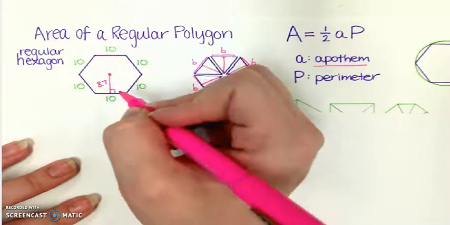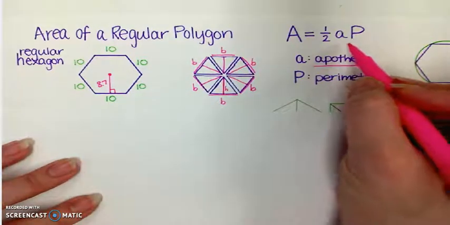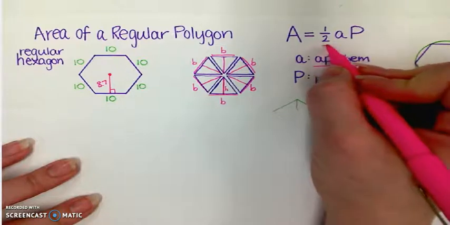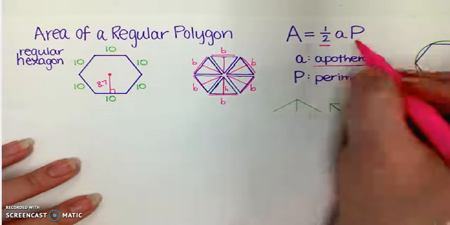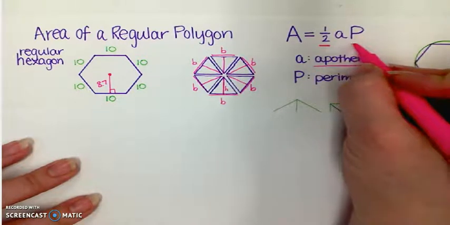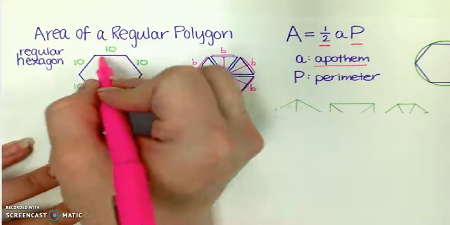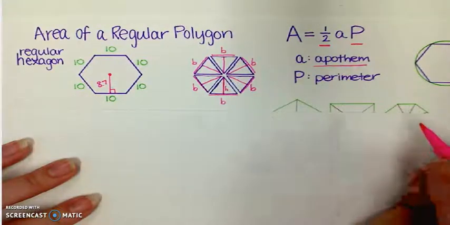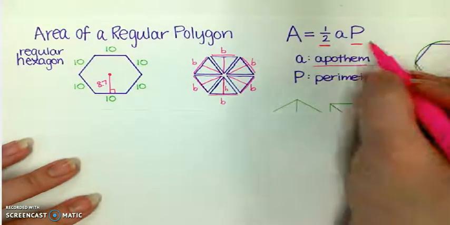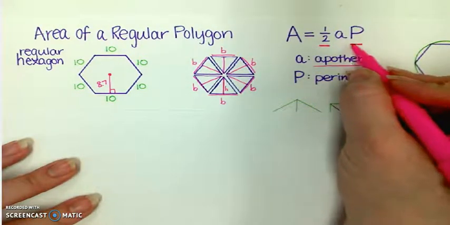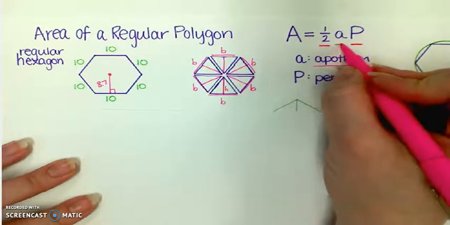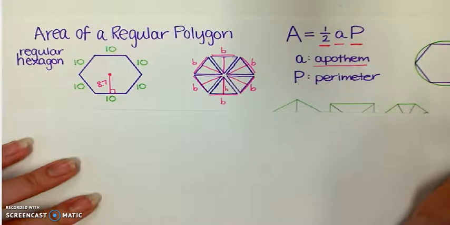And then take it times the height. So that's where this formula comes from. It's from the equation for a triangle area. It's 1/2, and then P stands for the perimeter, which is just the same thing as taking all of the bases at the same time. So 1/2, they put it out of order, 1/2 of the bases of the triangle times the height of each triangle, which we call the apothem.